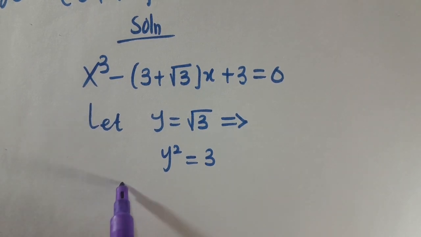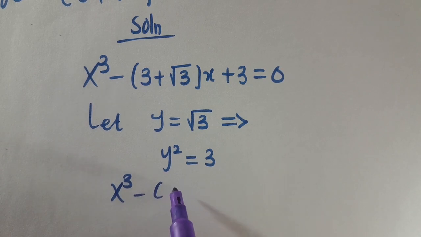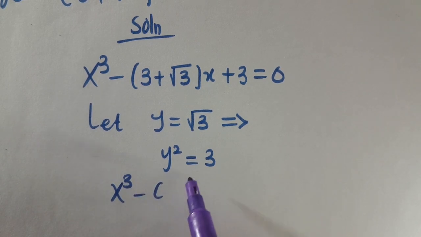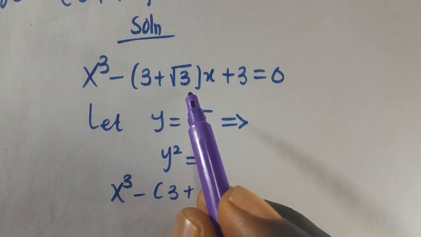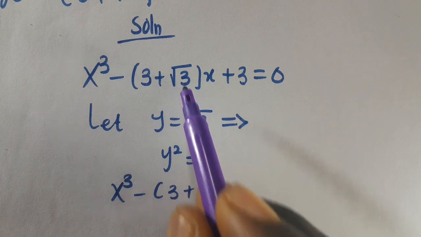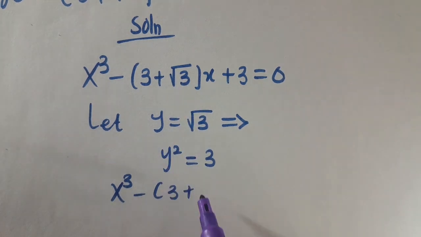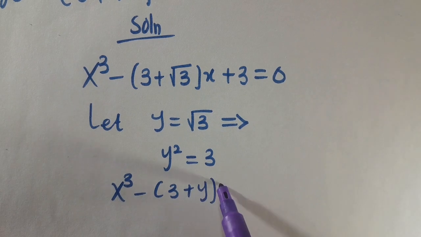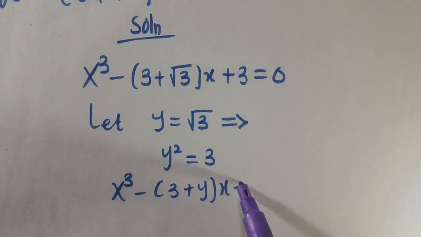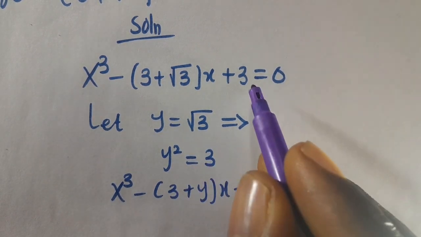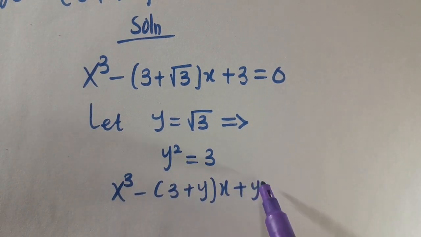Now from here, we're going to have x raised to the power 3 minus (3 plus, from here we're going to have this one to be y into (x plus 3 equals y squared).